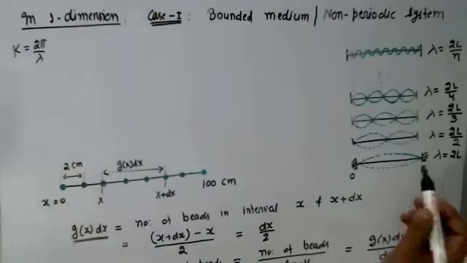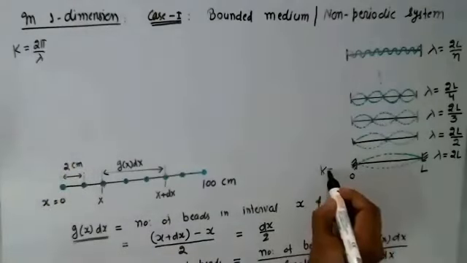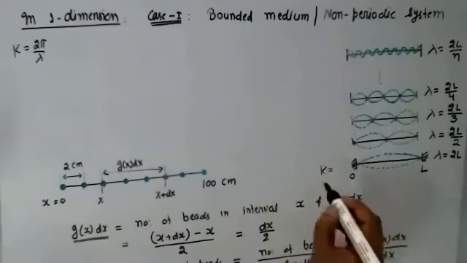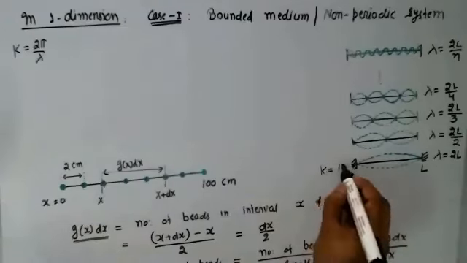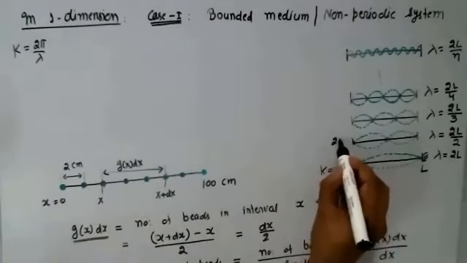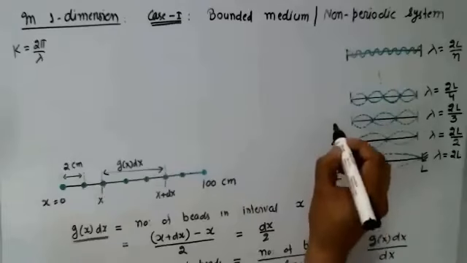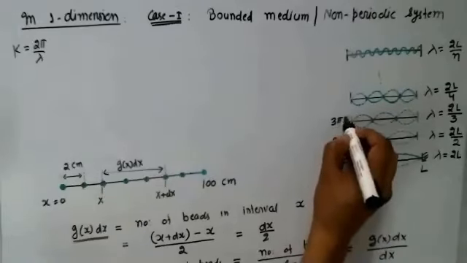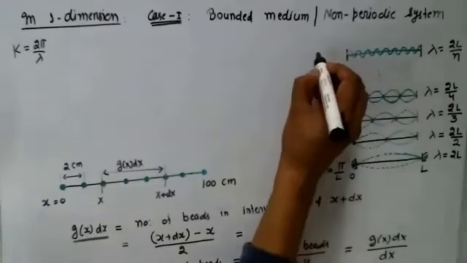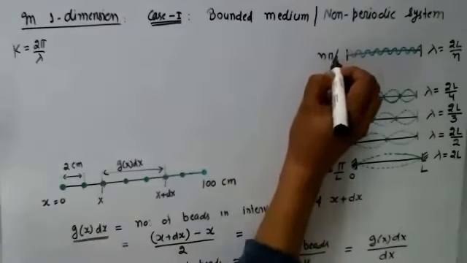Yes sir. So when lambda is given, what will be the value of k here? Tell me. 2 pi by L. Exactly. So pi by L, here 2 pi by L, here 3 pi by L, here 4 pi by L, and similarly n pi by L.